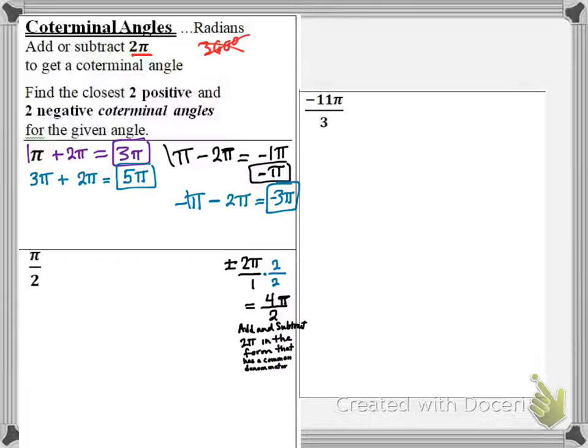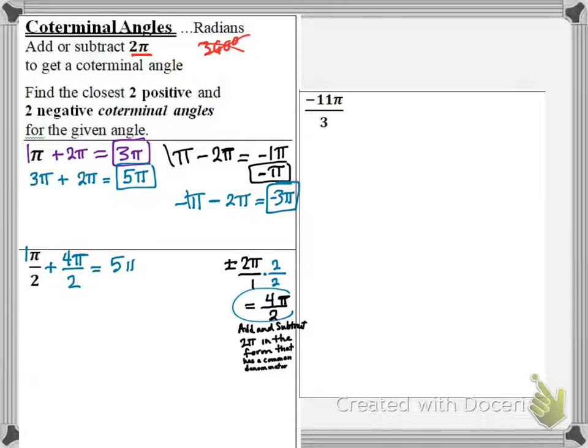Okay. So I'm starting with pi over 2. I'm going to add to that 2 pi. But this is the 2 pi I'm going to add, 4 pi over 2. I know that's 2 pi because 4 over 2 reduces to 2. So I have 1 pi over 2 plus 4 pi over 2.